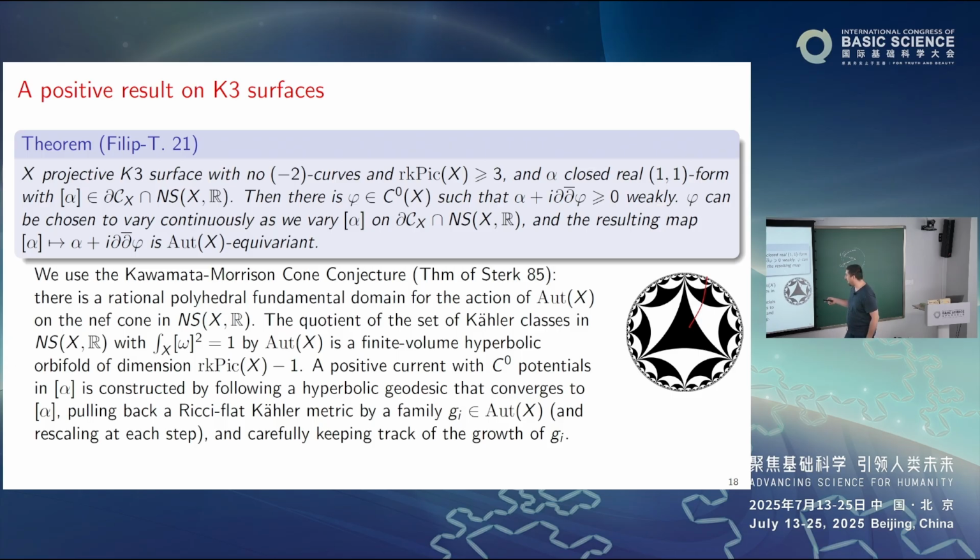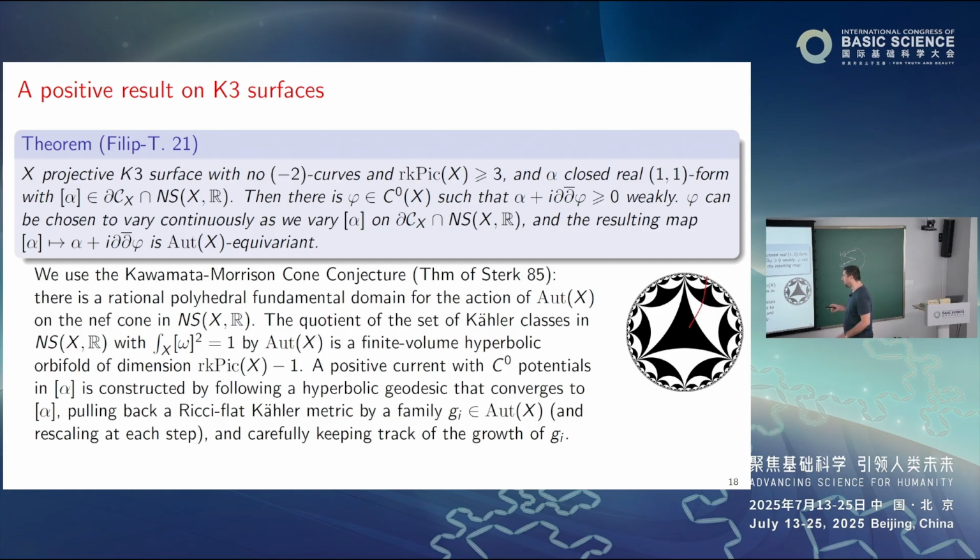And the action of this enormous group has a very nice fundamental domain, which is a rational polyhedral, this black triangle here. And then the reflection by sigma 1 gives you the reflection across this geodesic. Sigma 2 is the reflection across this geodesic, sigma 3 is the reflection across this, and then when you compose, you get this nice picture here.